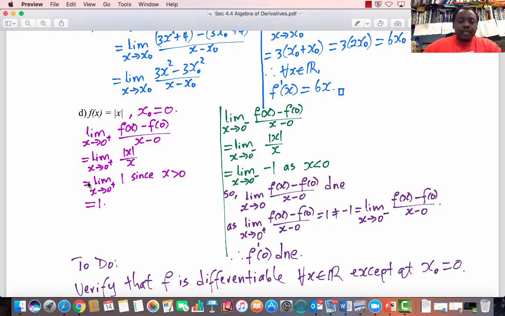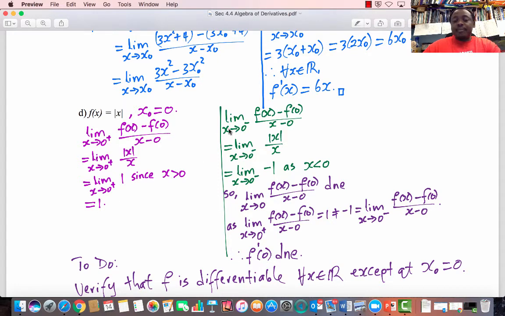So this would be the limit as x approaches 0 from the right of absolute value of x divided by absolute value of x, which equals 1, since x is greater than 0. And the limit as x approaches 0 from the right of 1 is 1. So therefore, the limit as x approaches 0 from the right of f of x minus f of x naught divided by x minus x naught is 1.